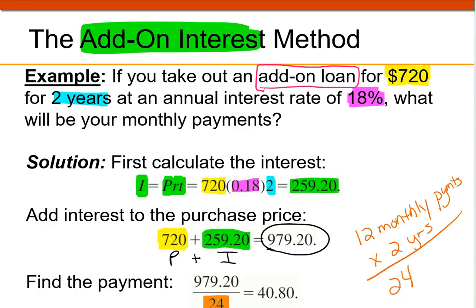They're going to take out this amount of money from your bank account every month for the next 2 years, and you will have paid that back.